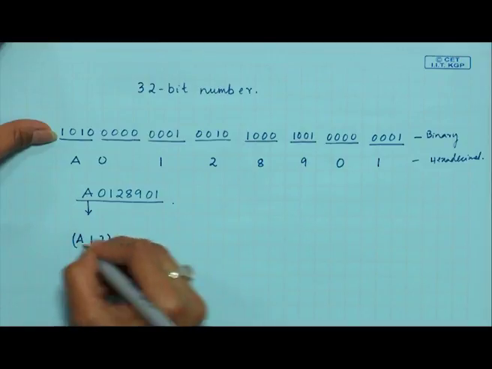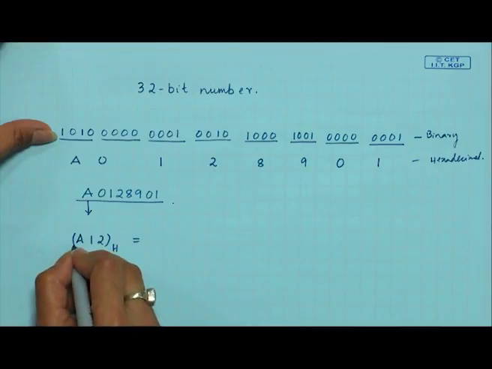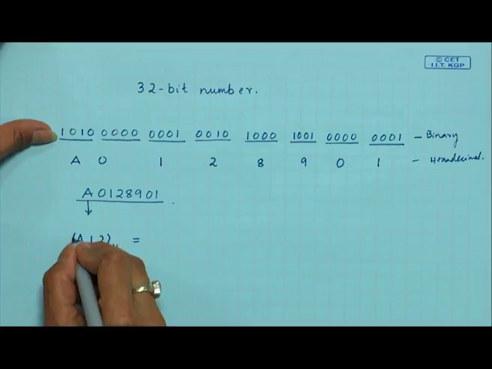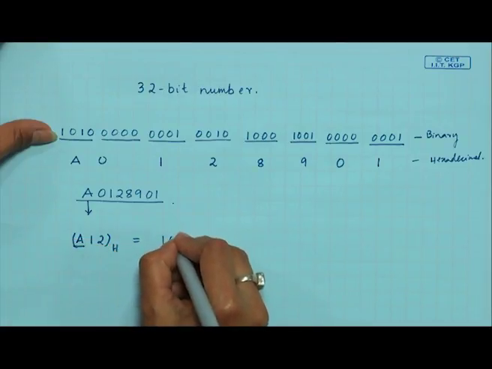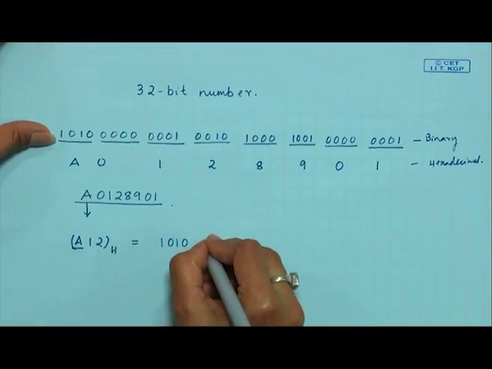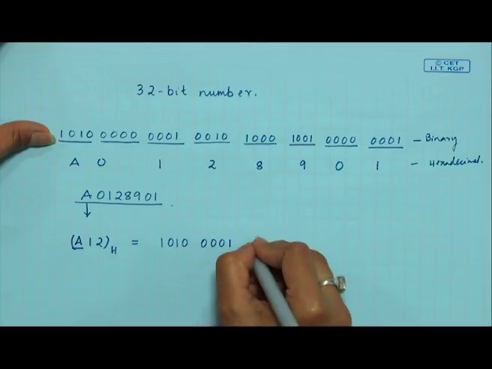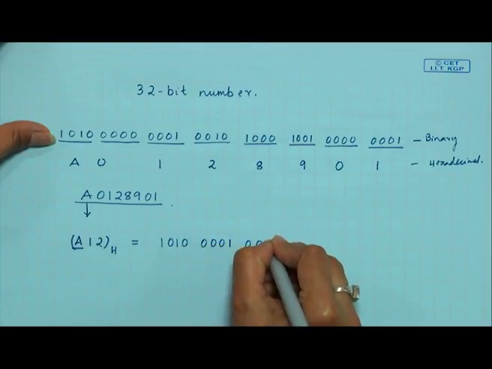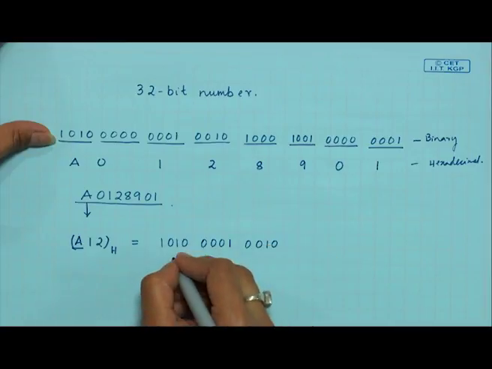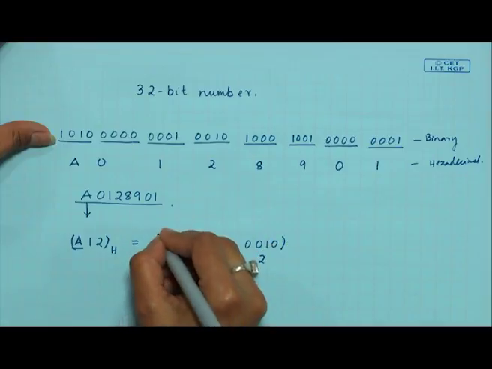In the same way, if you want to convert any hexadecimal number, let us say A, 1 and 2, what you have to do? You have to convert each of these into 4 bits. A can be represented as 1010, 1 can be represented as 0001, and 2 can be represented as 0010. So, this is A, this is 1 and this is 2.